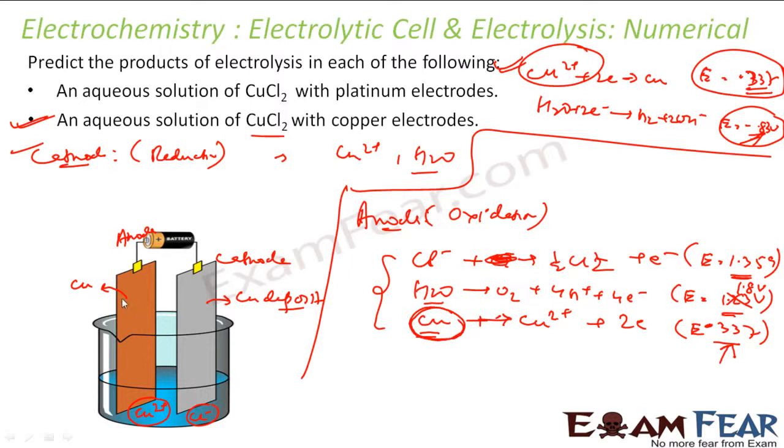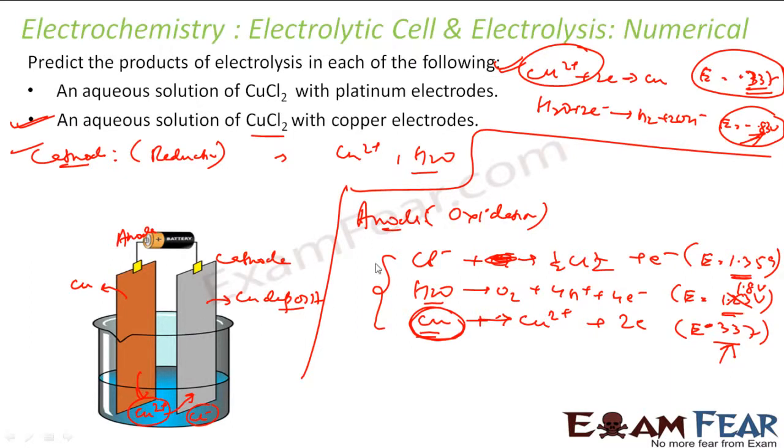Thus, here copper will get oxidized to Cu2+. Nothing will get deposited, right? So copper will get oxidized to Cu2+. It will go into solution, and here Cu2+ will become copper, and thus electroplating will take place.